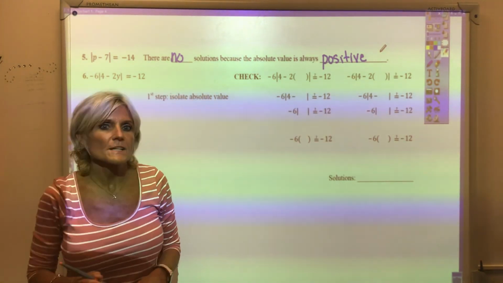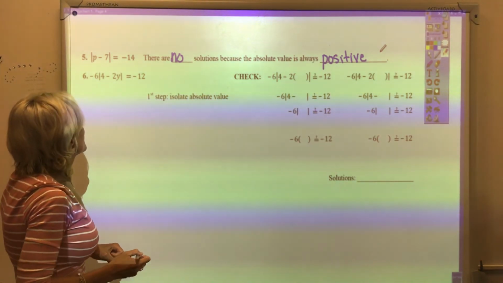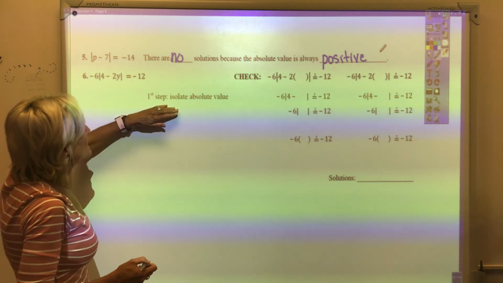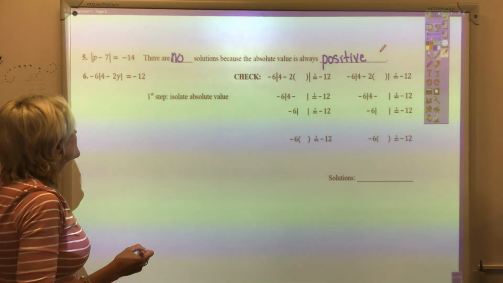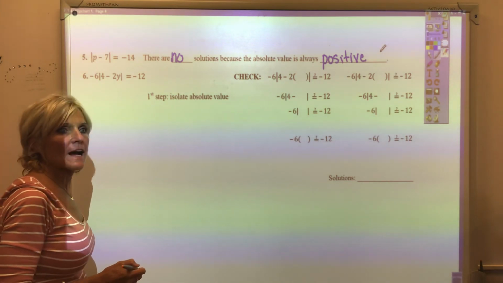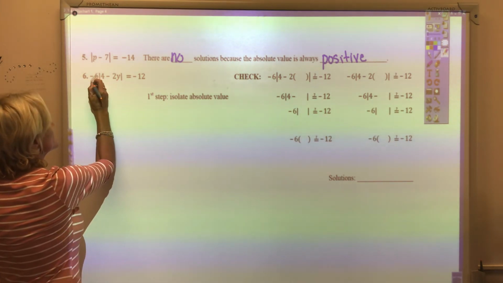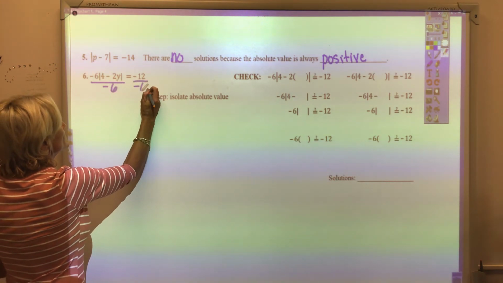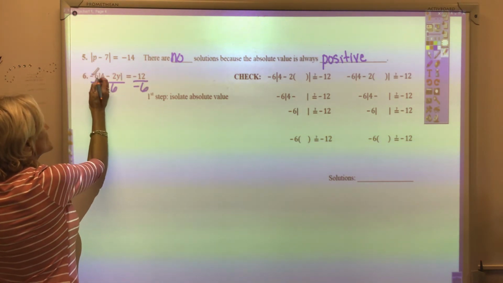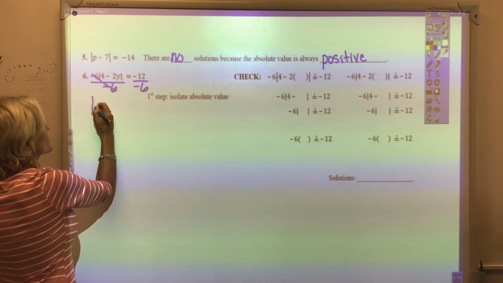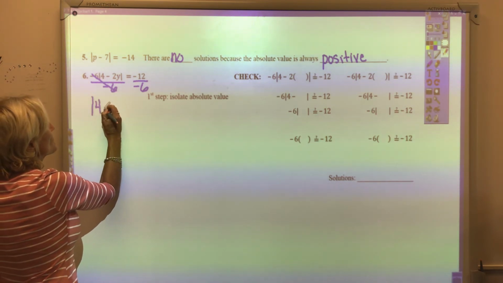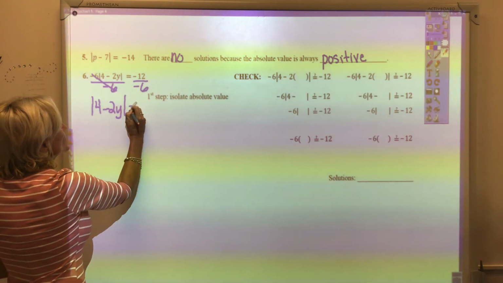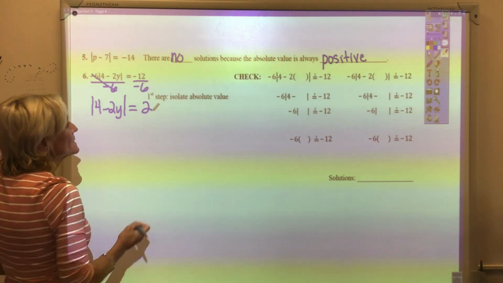For example number 6, our first step is going to be to isolate the absolute value, meaning we're going to divide both sides by -6. And when we do that, our left side will be the absolute value of 4 minus 2y equals 2.